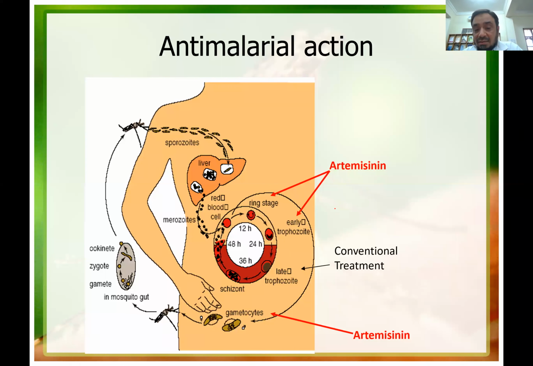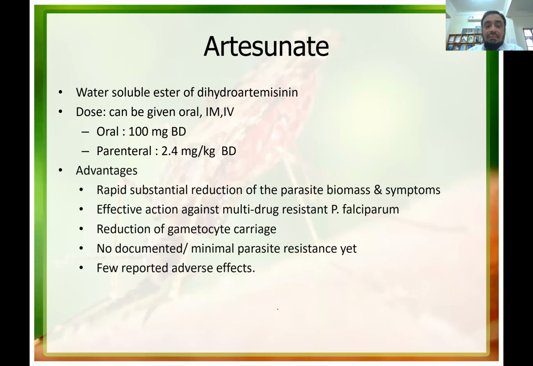Antimalarial action: they are effective mainly against the erythrocytic schizogony stage. They are not effective against the pre-erythrocytic stage or hypnozoites, but they are effective against the early forms of gametocytes. Artesunate can be given by oral, intramuscular or IV route.